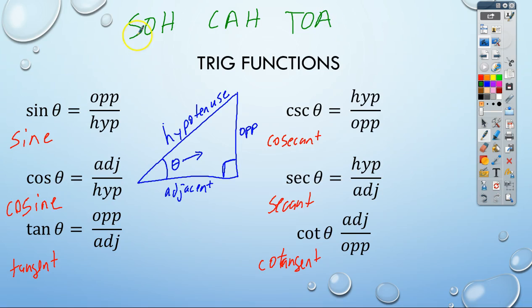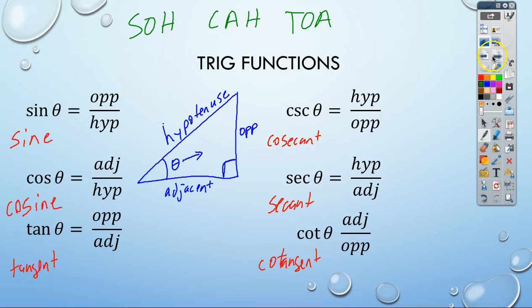If you take a look, SOH stands for sine, opposite over hypotenuse. CAH, cosine is adjacent over hypotenuse, and TOA is opposite over adjacent. Okay, now we have that in there. Let's run a couple of examples and see what we can do.